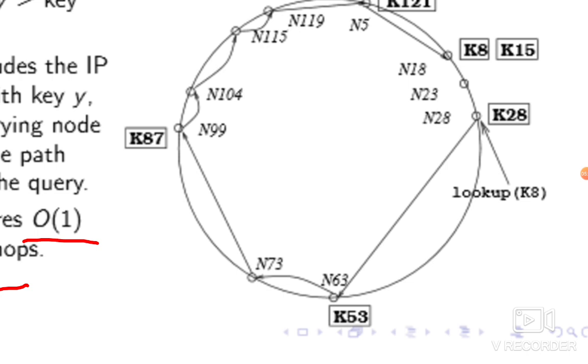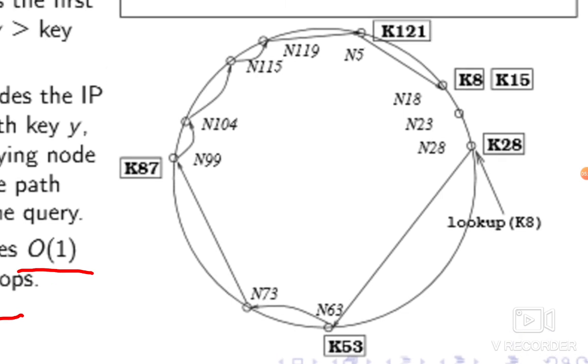Like that the request is forwarded. When it reaches N18, you can know that the right place for mapping the key 8 is 18. The first nearest greater integer is the best place to map the key 8, which is N18. So in node N18 we have the key K8.